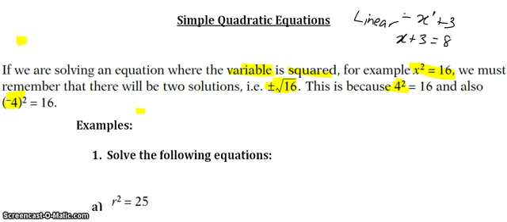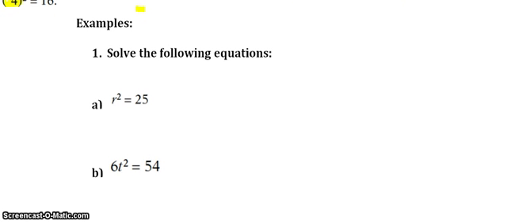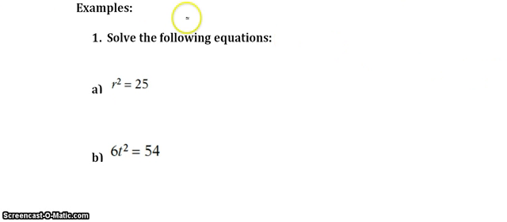Let's have a look at some examples together. So just to start off with, we're going to select some of these examples down here to do. Quadratic equations always have a highest power of 2. So it's really important for you to remember that if you've got a quadratic equation, it will have a highest power of 2.